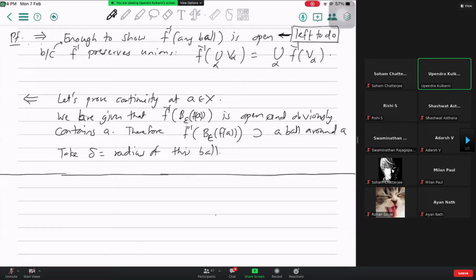Here is a point, here is a ball in Y. I want to show that its inverse image is open.